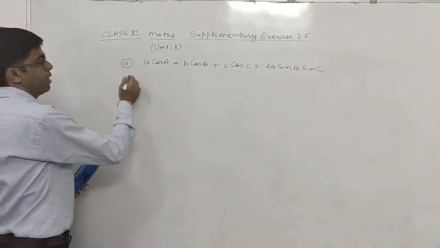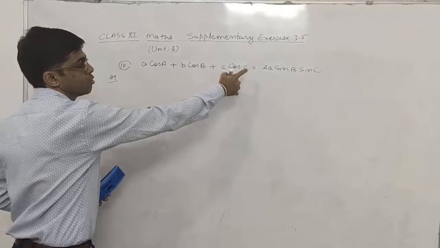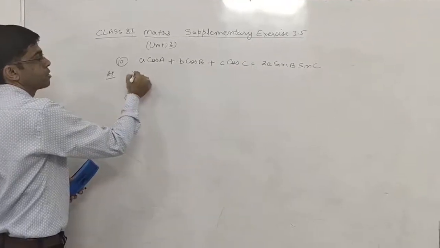Now in question number 10, prove that a cos A plus b cos B plus c cos C is equal to 2a sin B sin C. We can use the sine formula.